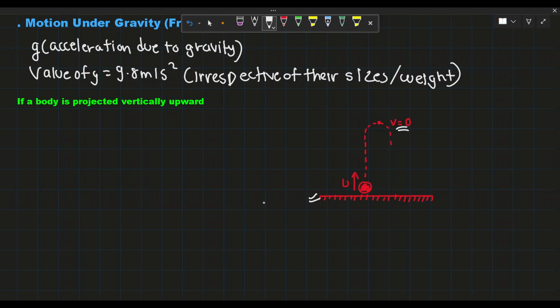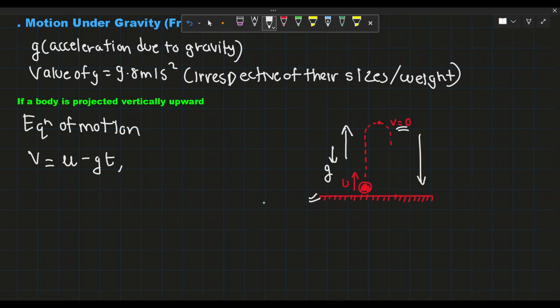Talking about the equations of motion, the motion of the body is vertically upwards, but the acceleration due to gravity, g, always acts downward. So the acceleration in this case would be negative, as the motion and acceleration are opposite in direction. So your first equation of motion would be v equals u, and instead of plus we'll have a minus, and acceleration will be considered as g. So v equals u minus gt.